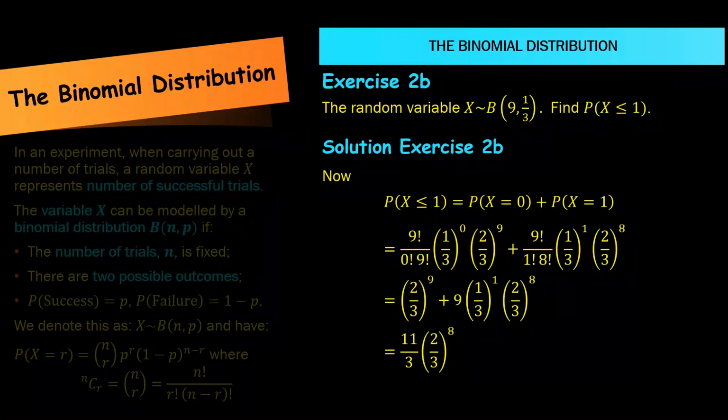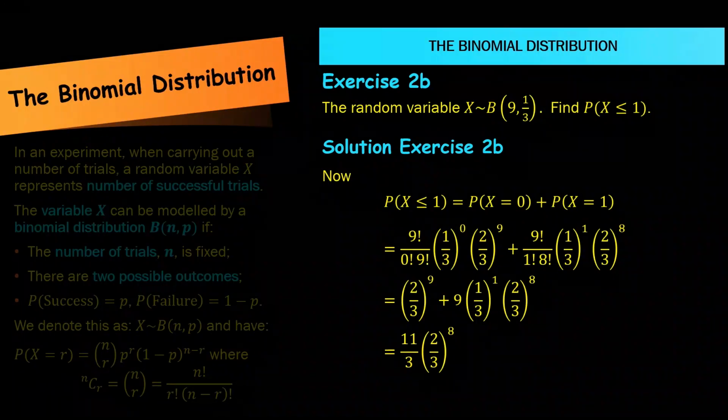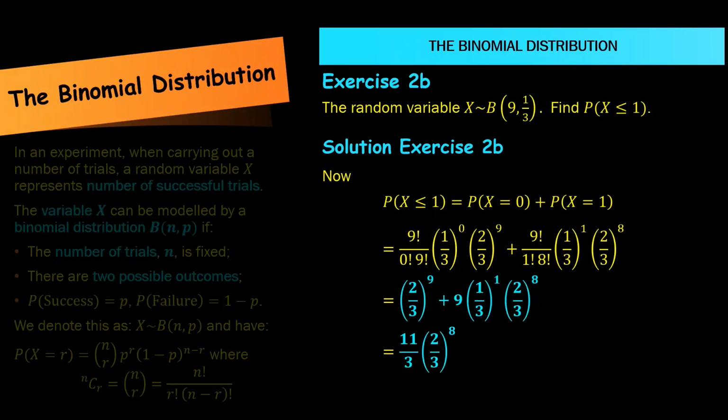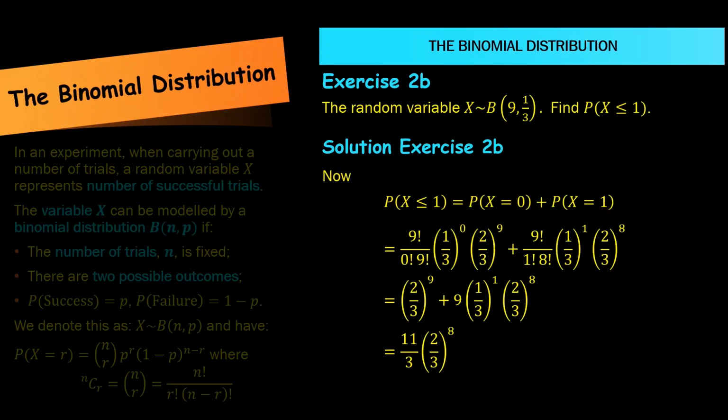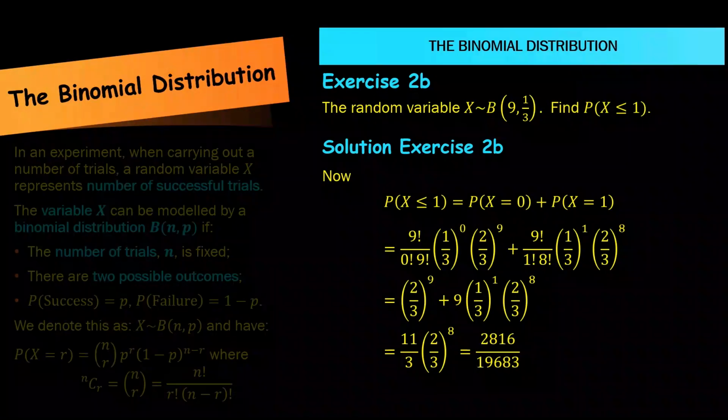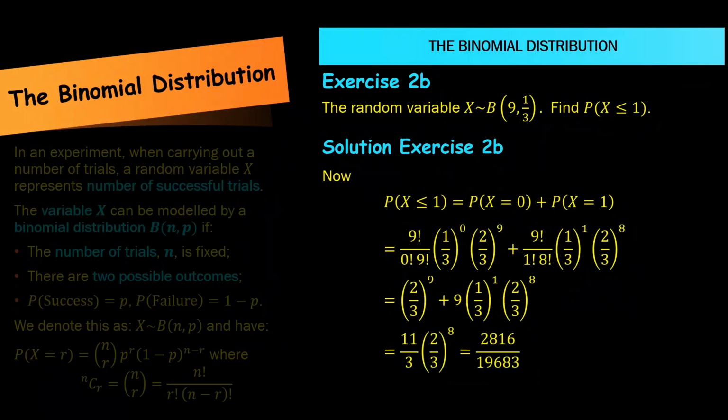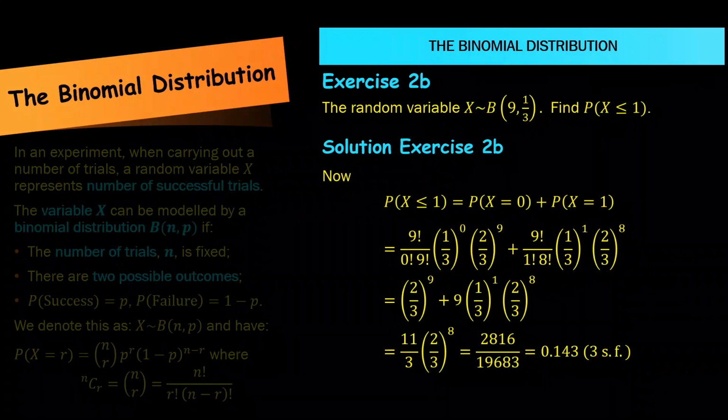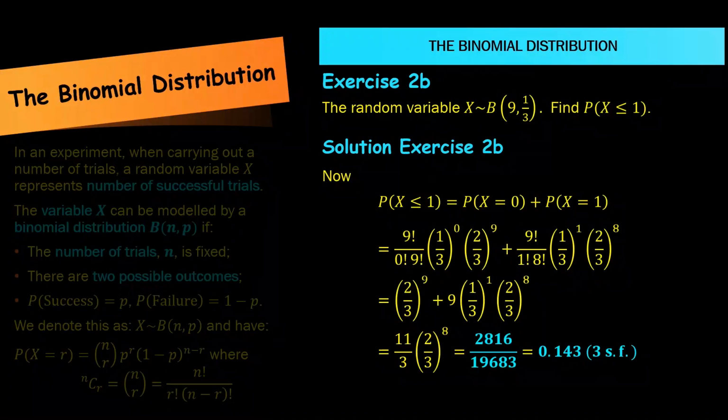Which equals 11 over 3 times 2/3 to the power 8. Which gives us 0.143 to 3 significant figures.